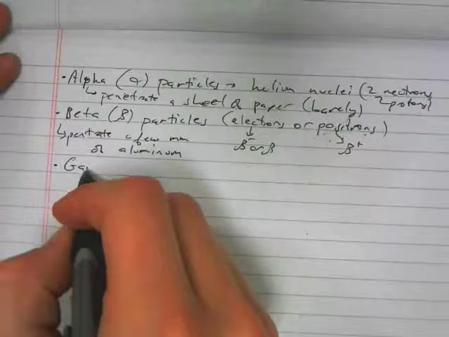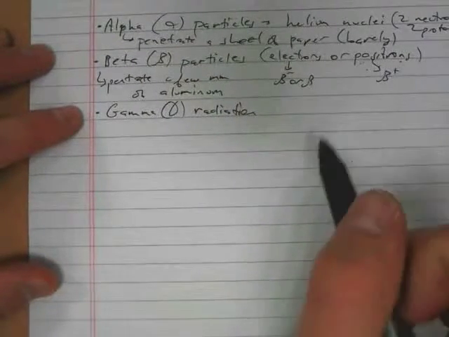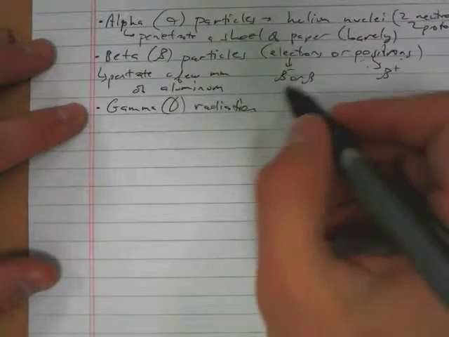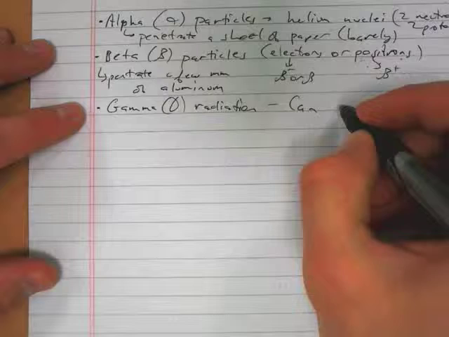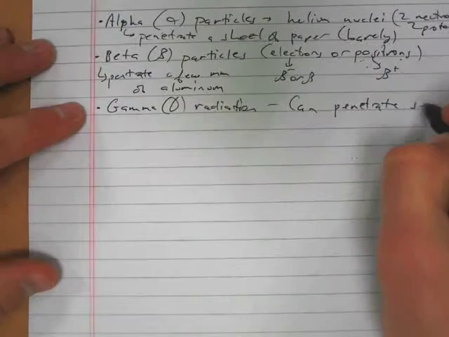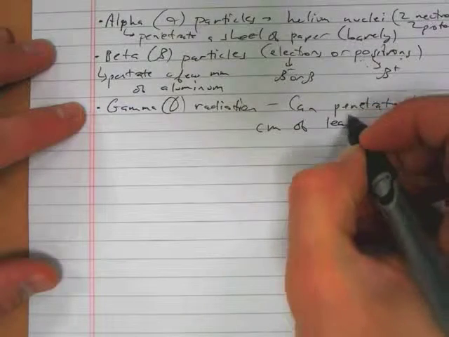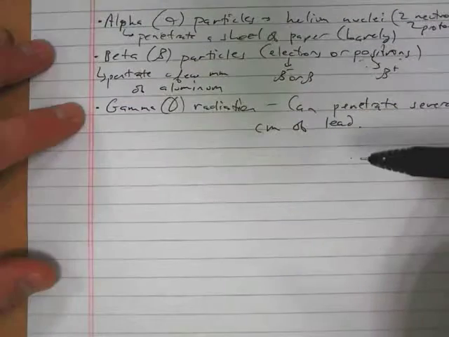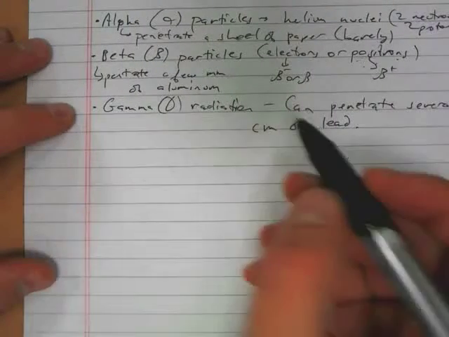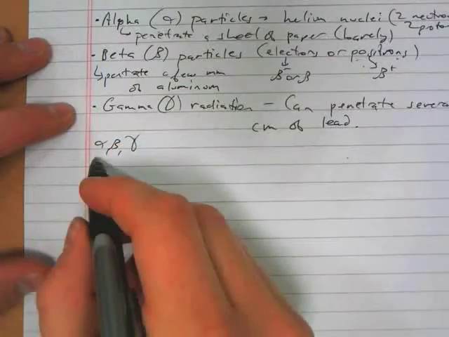Gamma radiation is the gamma rays that we talked about when we were talking about the electromagnetic spectrum. And this is the most dangerous. And a gamma ray can penetrate several centimeters of lead, which is more difficult to penetrate than aluminum. And just for the sake of you knowing, alpha, beta, and gamma are the first 3 letters of the Greek alphabet.